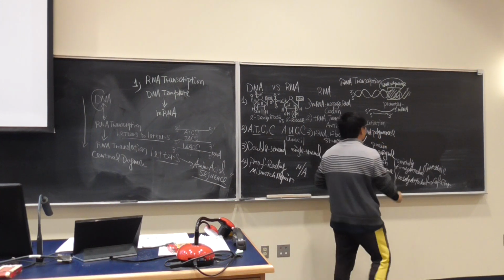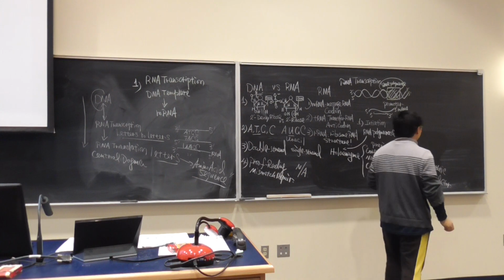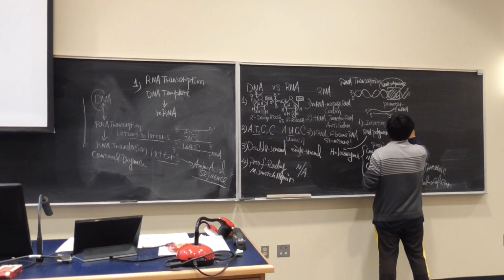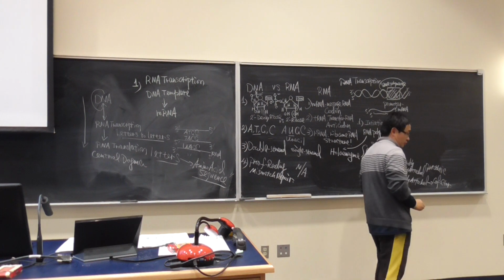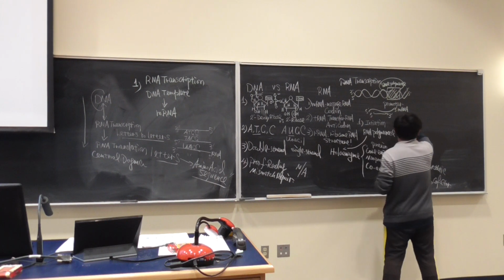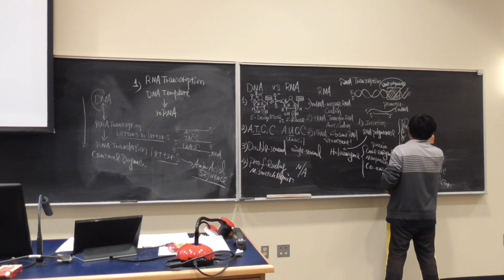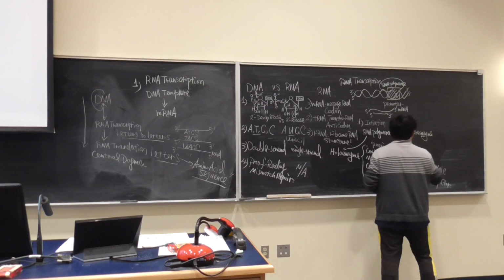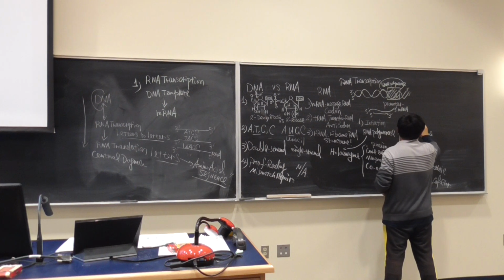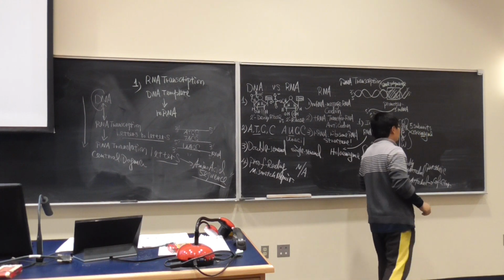Okay, RNA polymerase, what are the components? RNA polymerase is very interesting, composed by two subunits of alpha 2, beta, beta prime, and omega. This is the core enzyme. So in the core enzyme, there are 5 subunits because there are 2 alpha.